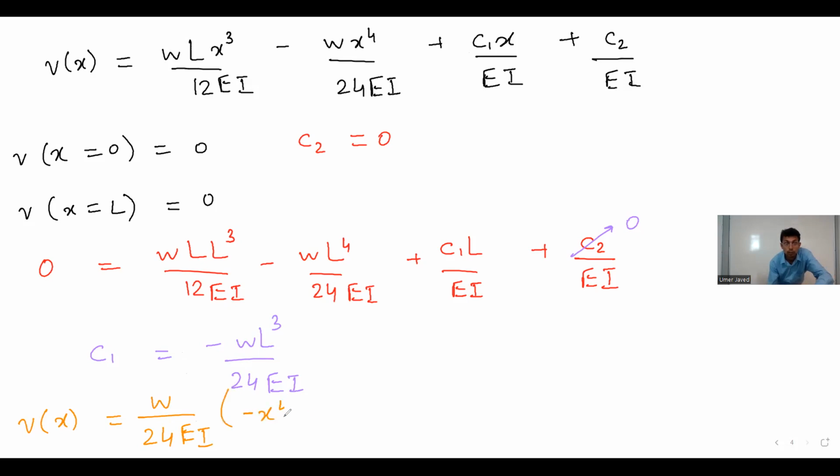Minus X power 4 plus 2L X power 3 minus L power 3 X. Can I? Sure, you can ask me. Okay, so I finally get this expression by pulling this out. Again, if you are uncomfortable in pulling this out, you can just substitute C1 and C2 and write the whole thing.